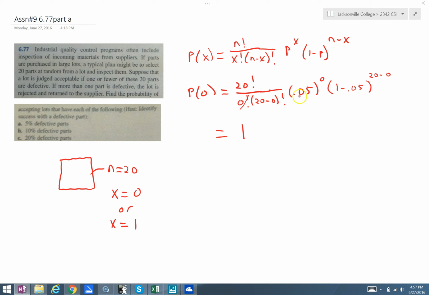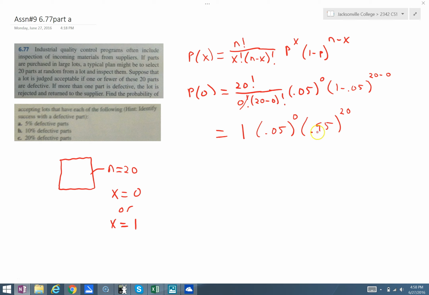Well, this is the number of successes, in this case, defective parts. We have no defective parts, all right? So that's 0.05 to the 0 power. That's also going to be 1. 1 minus 0.05, that's 0.95. This is our fails. In this case, a good part.